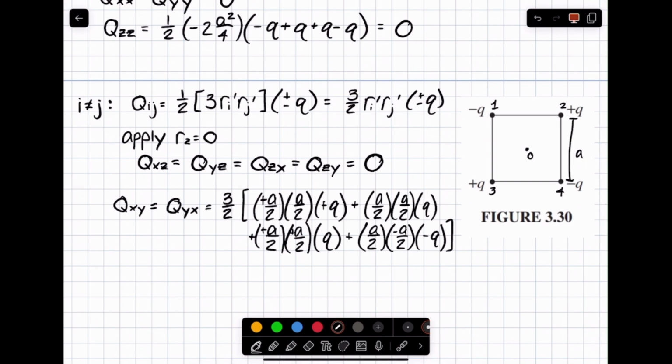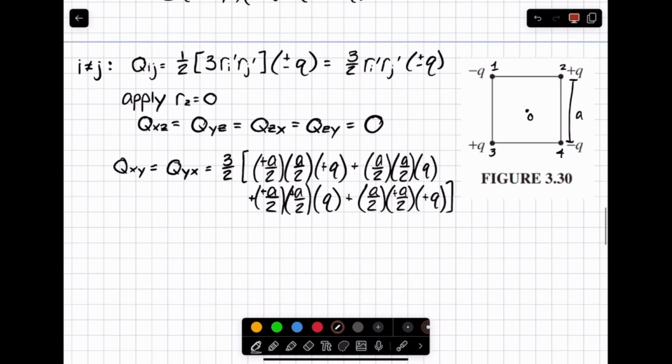So we get pluses here. Negatives cancel. And we have 4 of the same term added together. We have 3/2 times 4.